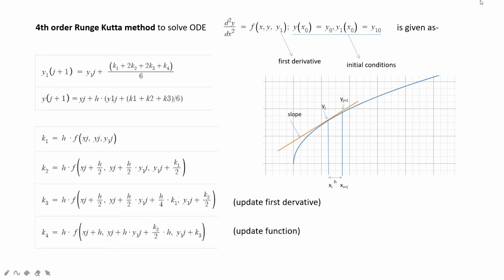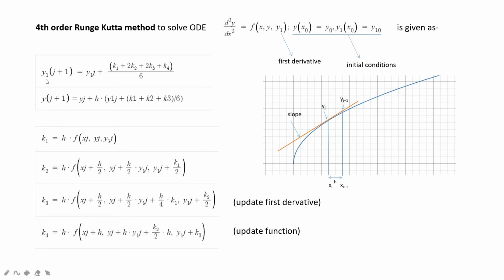The iteration scheme of the Runge-Kutta method of order 4 is given as follows. If we are at point xj comma yj, and we have to find the value of the neighboring point xj plus 1, h distance away from xj, then the iteration scheme is like this.